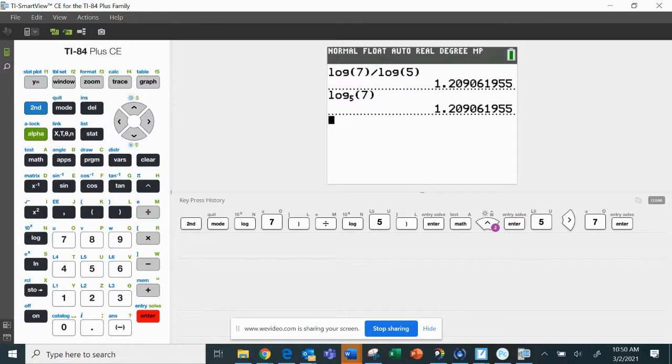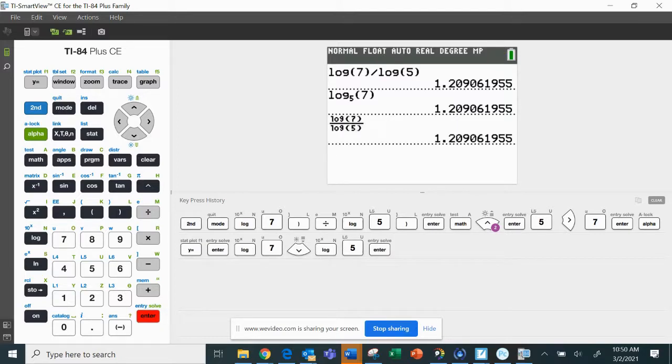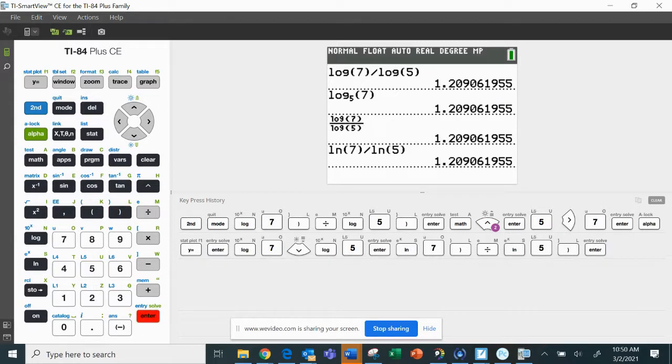The older one doesn't have fractions on it. If you hit alpha y equals and you can do a fraction, you don't have the older calculator. You could do log 7 over log 5 this way too. And just to be different, if you wanted to do ln 7 divided by ln 5, it's still going to give you the same answer.